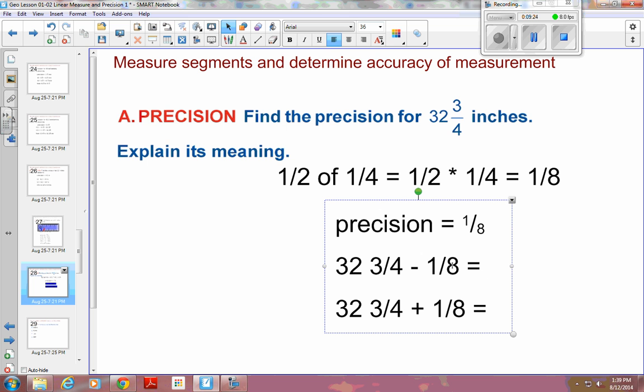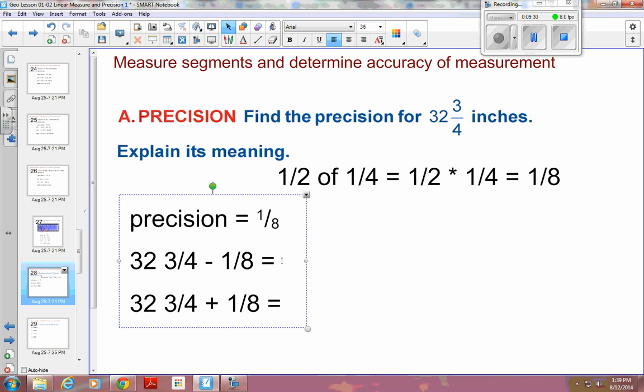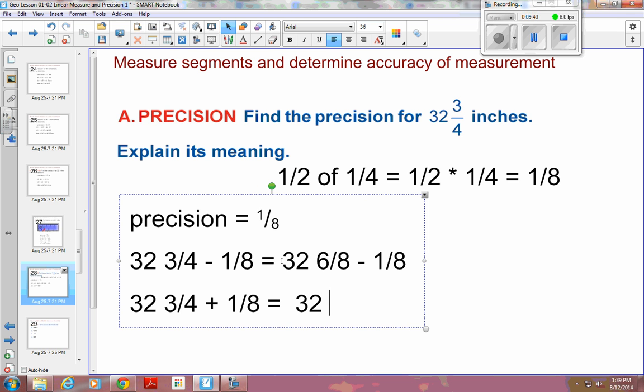So 3/4 and 1/8, 3/4 multiply top and bottom by 2. So this is actually 32 and 3 times 2 would be 6/8 minus 1/8. And this would be 32 and 6/8 plus 1/8.